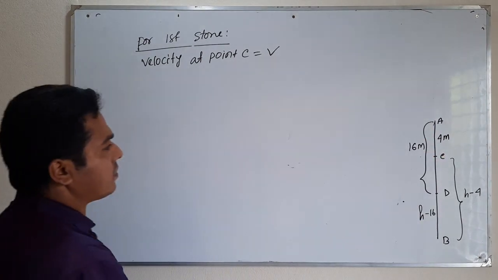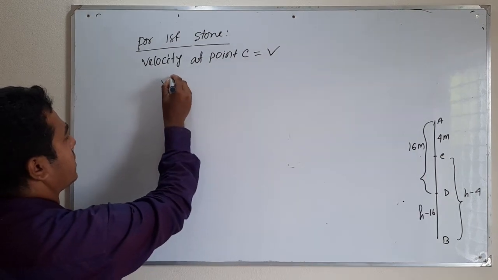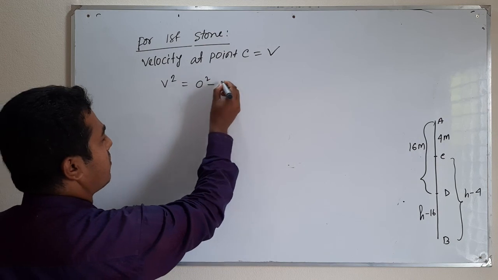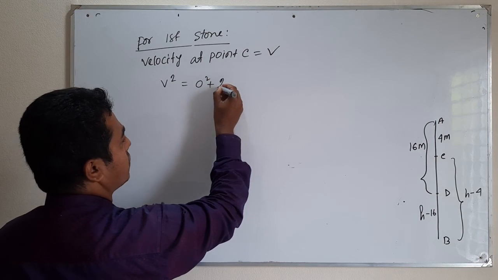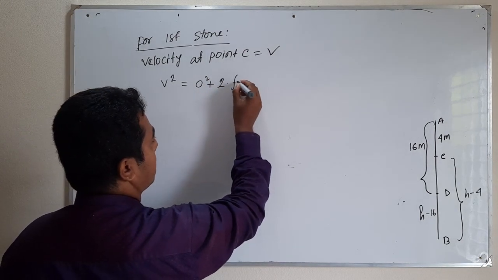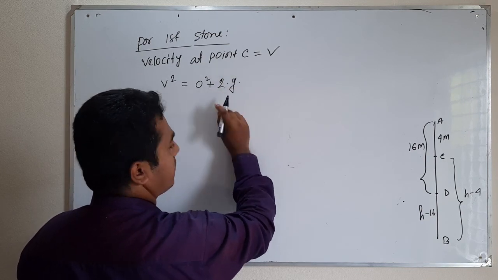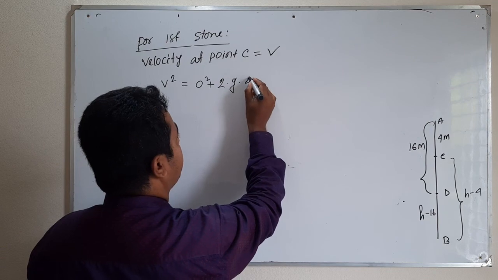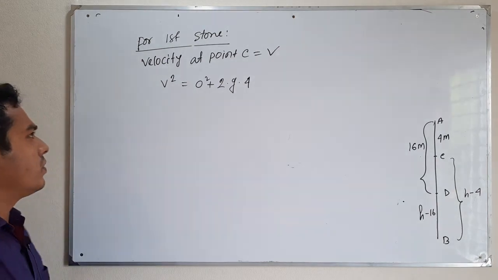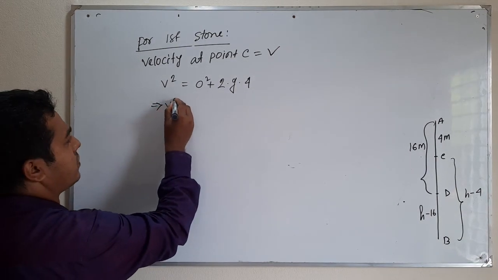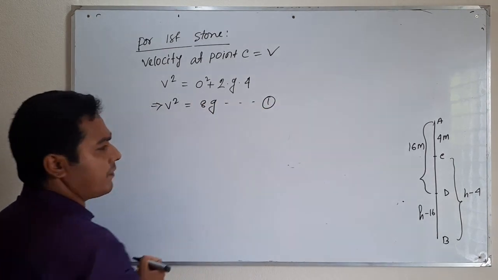From the formula V square is equal to U square plus 2GS, with S equal to 4, V square is equal to 8G. This is equation 1 for the first stone.